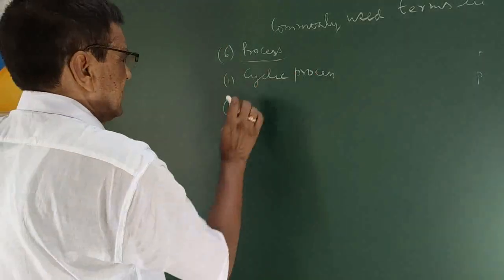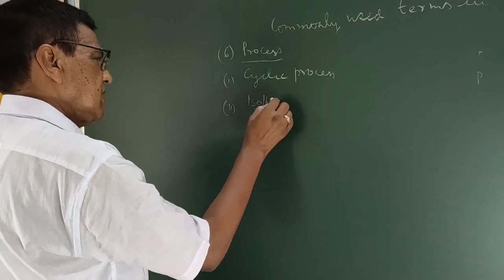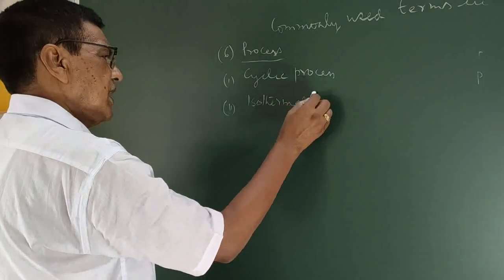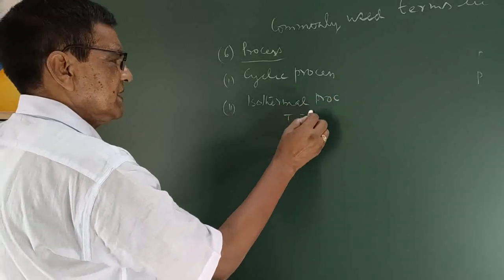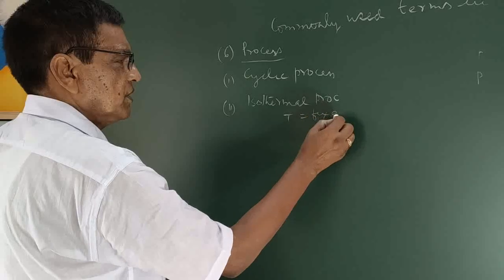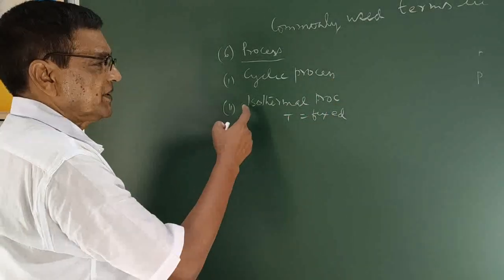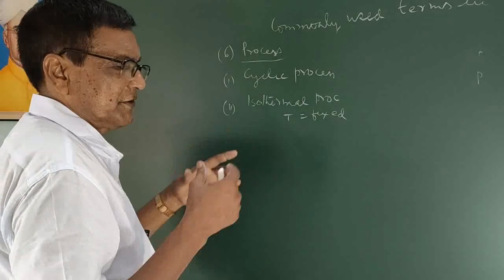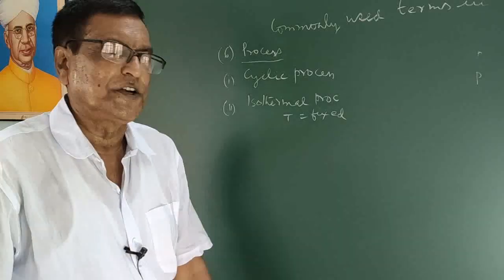The second is the isothermal process. In an isothermal process, T remains fixed for the whole operation of the system. Whenever the temperature is kept fixed, the walls are diathermal walls and heat exchange will continue.